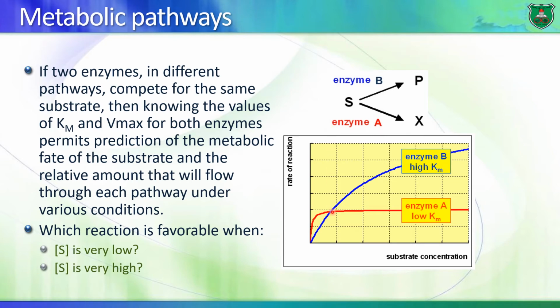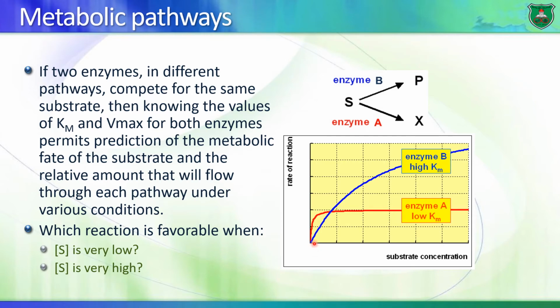So if you look at the kinetic plot for this substrate and for these two different enzymes, you can notice that the reaction goes really fast when the substrate concentration is very low. The reaction catalyzed by A is favored, right?